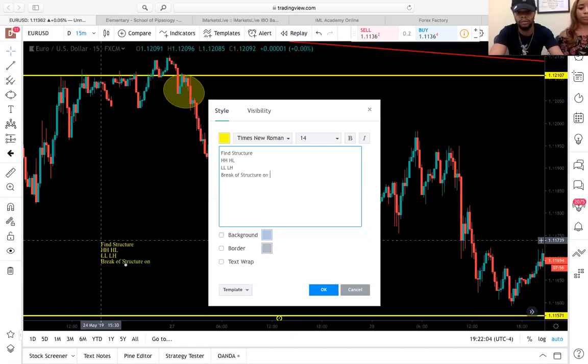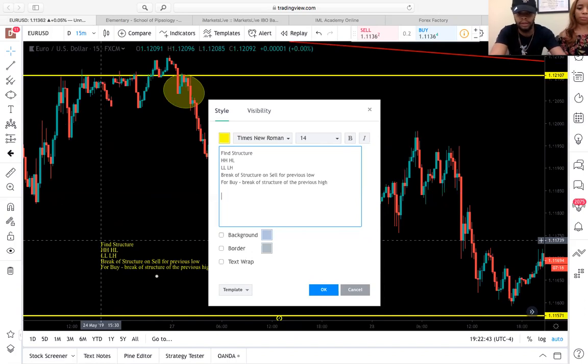On sells, the lowest low breaking the previous low. For buys, the previous high. Break of structure.